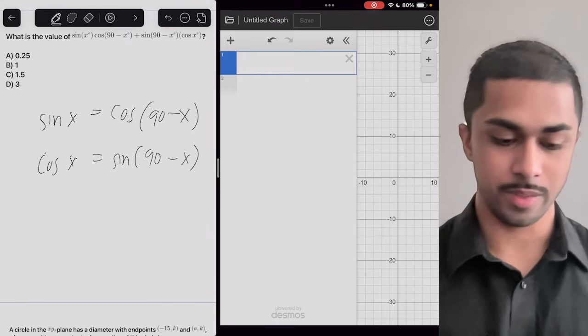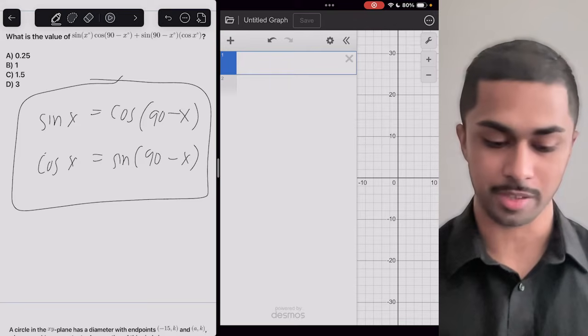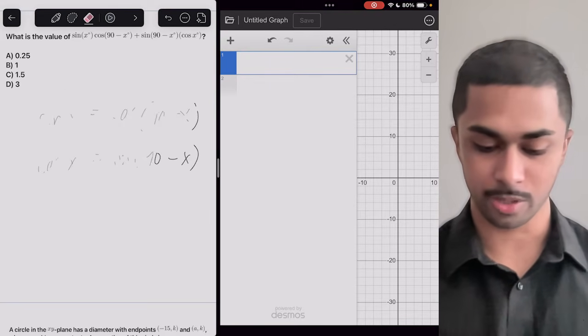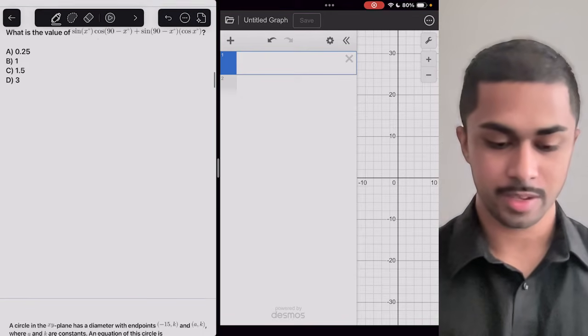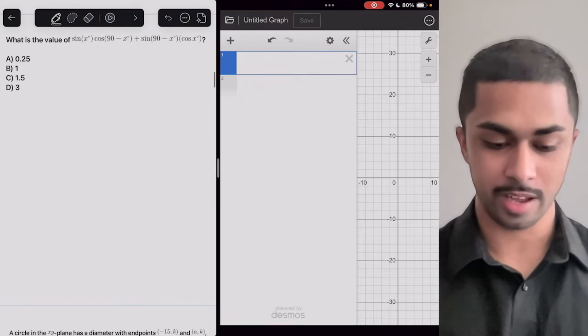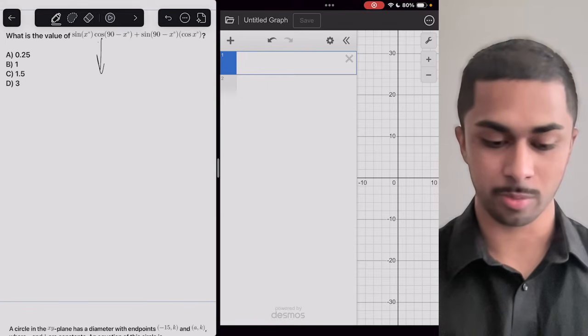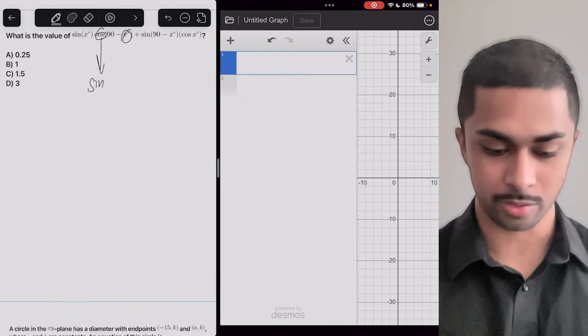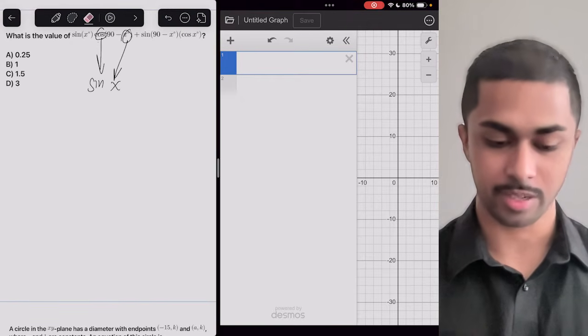So this is definitely worth memorizing, but I'm going to show you how to think about this in a much simpler way. If you see cosine 90 minus x, what you want to replace this with is, turn the cosine into a sine, and then take whatever variable is right here and just place it down here.